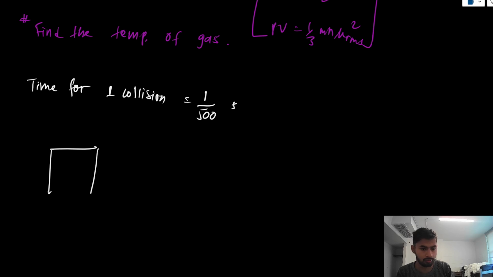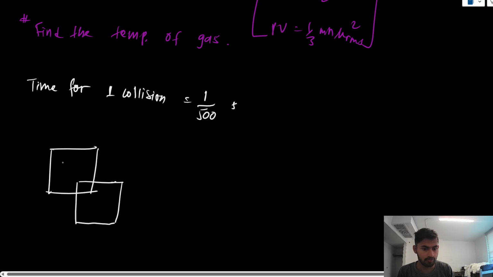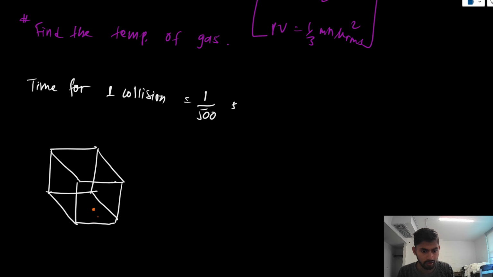Usually in this problem of ideal gases, if this is our container, and let me change color, and if this is our molecule, then the time taken for one collision is defined by the fact it collides this way and that way, right, on both ends.